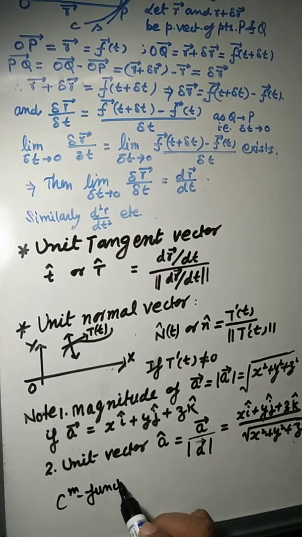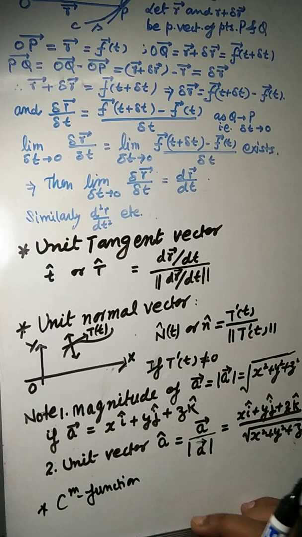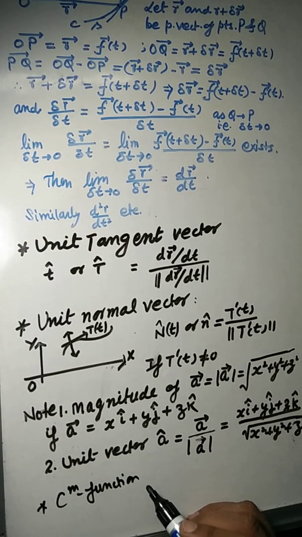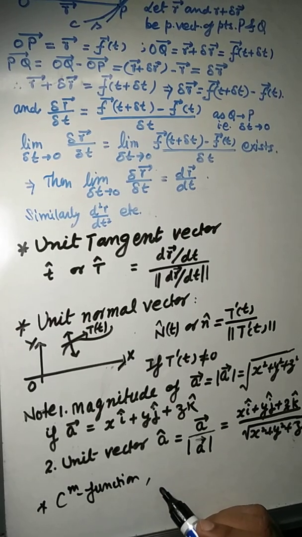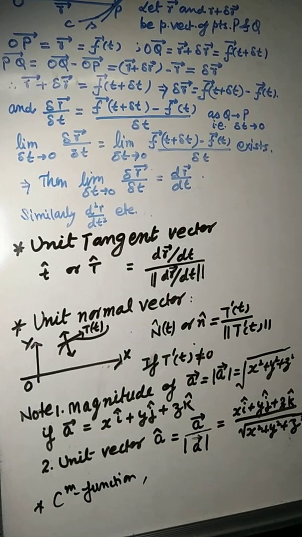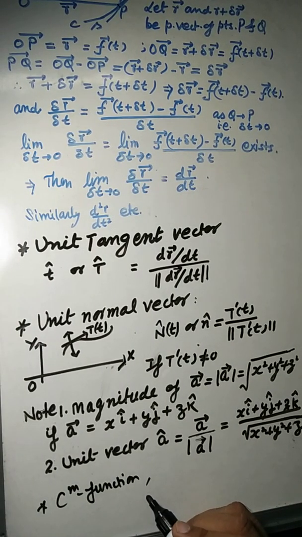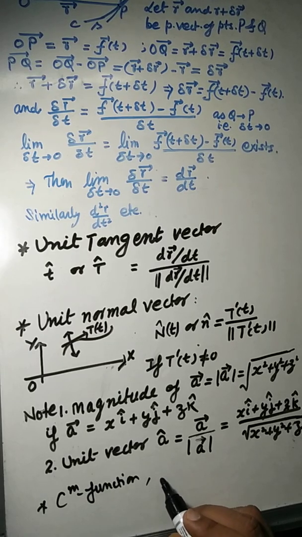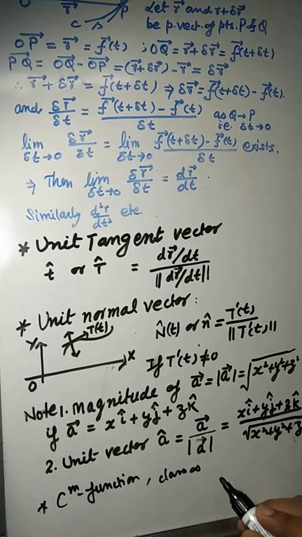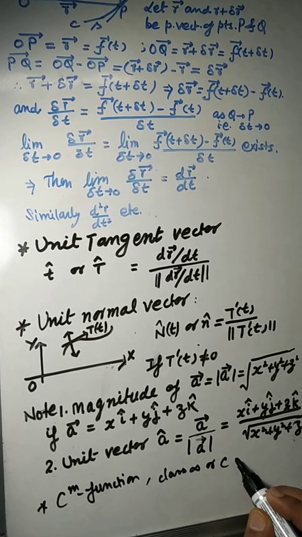A Cm function if f has continuous derivative of mth order at every point of interval I. If f is differentiable infinitely many number of times, then it is said to be of class infinity or C infinity function.